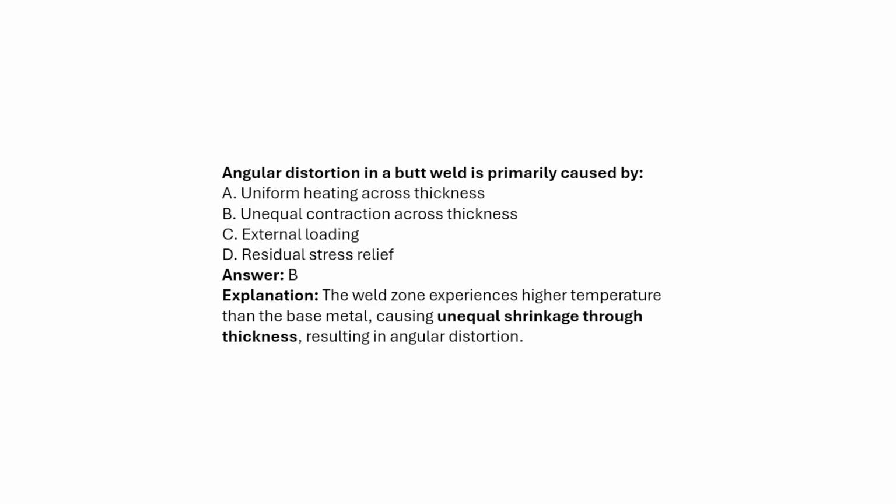The weld zone experiences higher temperatures than the base material, which causes unequal shrinking through the thickness and results in angular distortion. If uniform expansion is taking place, there will be no deflection because the entire component will be expanding or contracting uniformly. But if there is non-uniform contraction or expansion, that results in deflection.